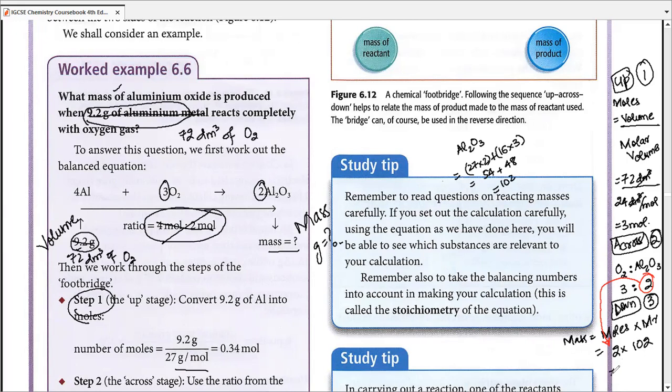So that's how it becomes 204 grams, right? So this whole footbridge actually helps us to get our way with numbers, and this specific kind of question, to work with different quantities.